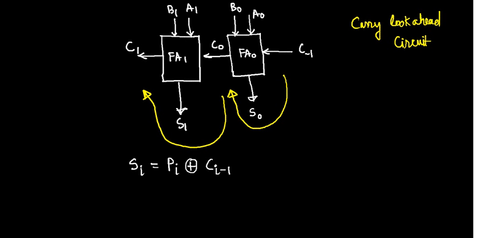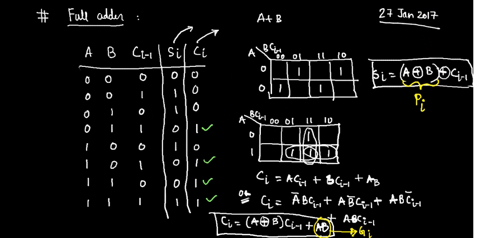Is that okay? What is carry? Tell me the expression. Gi multiplied with C I minus 1, or with, you know the expression, right? So see here, Gi plus Pi into Ci minus 1, right?